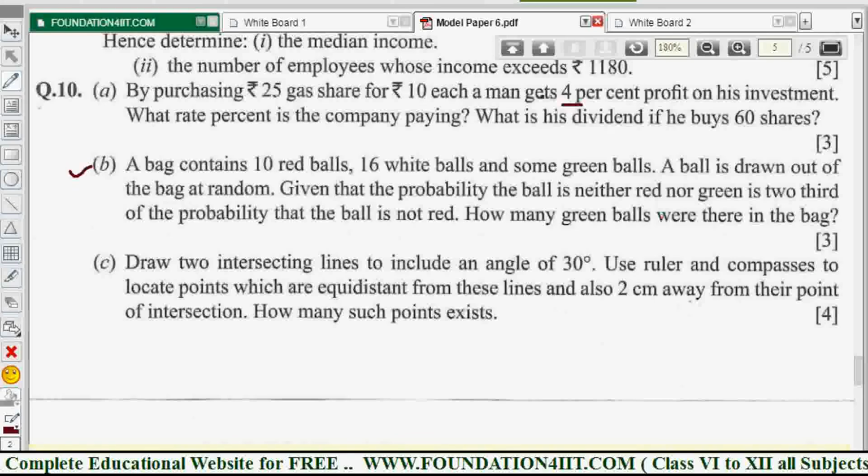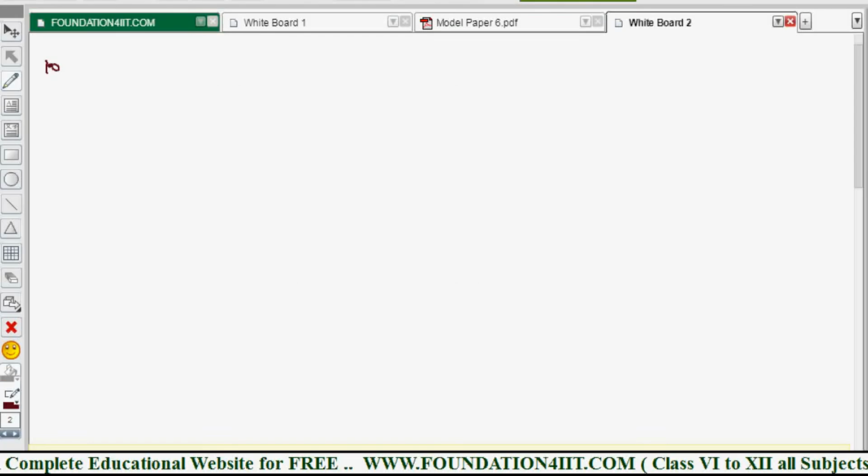So let us take the given data and use this concept. 10 red balls. Green balls you need to find out. So let the number of green balls be x. Let number of green balls is equal to x, right? And total number of balls now.